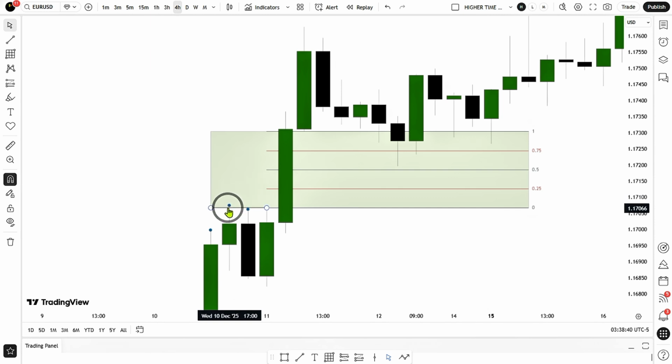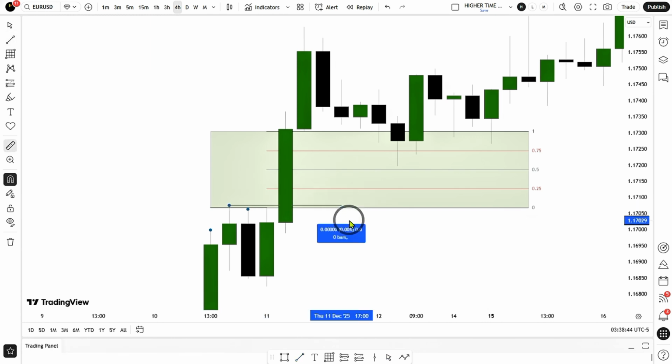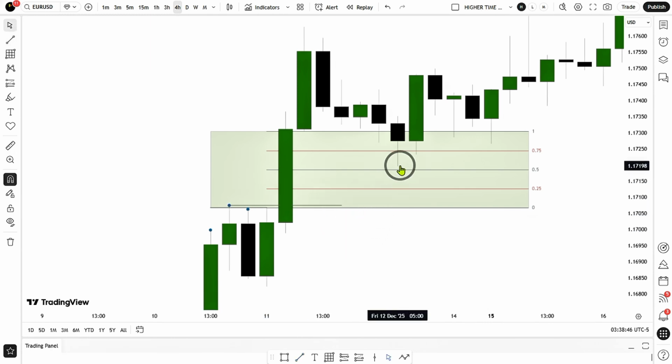Okay, so now I'm going to use this swing high to extend it left, and then I will use this leg that failed to tap the 50% of this imbalance. Now I have two levels to consider, this high and this low.